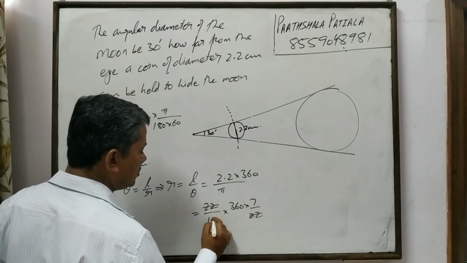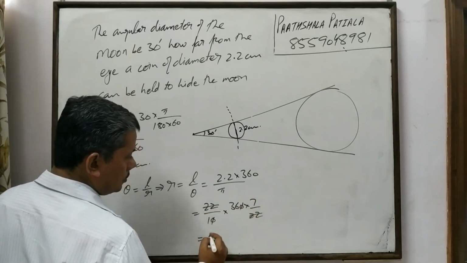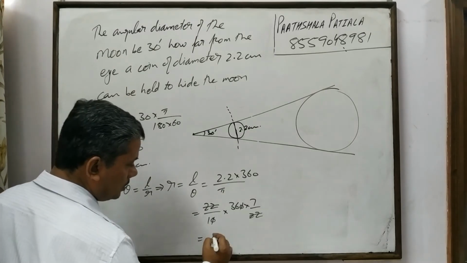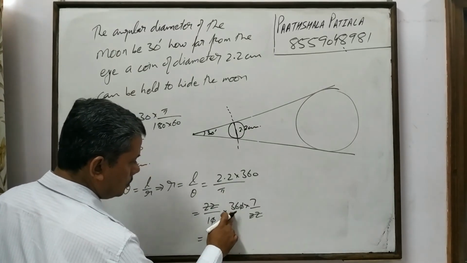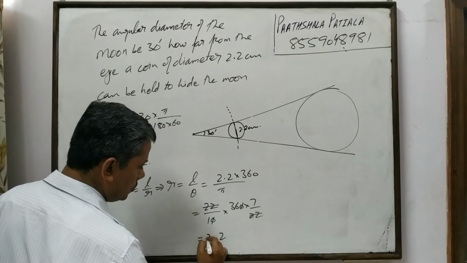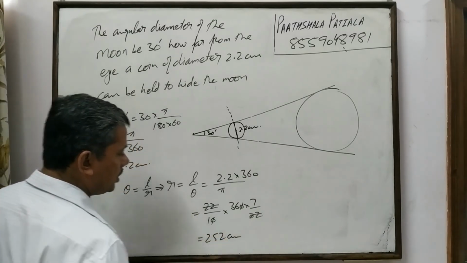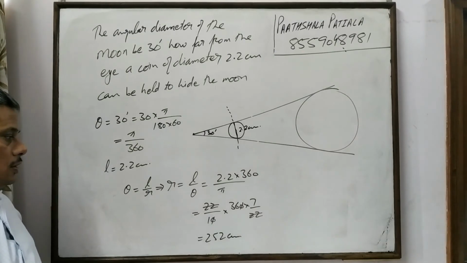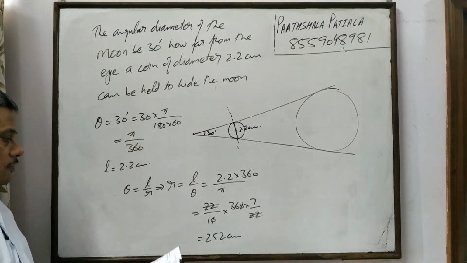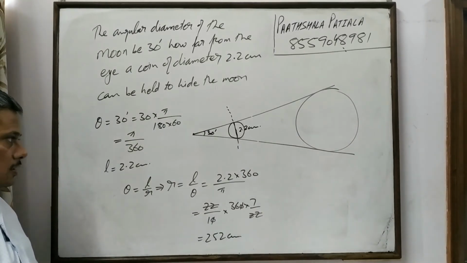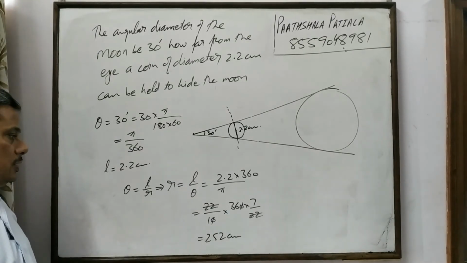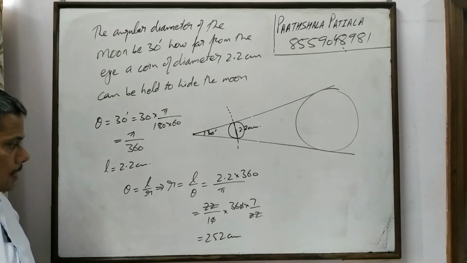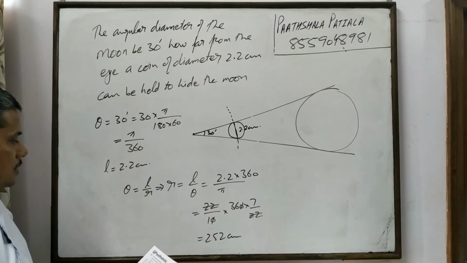This 22 cancels, 0 and 0 cancels. So on solving, you will get 252 centimeter. So it should be held at a distance of 252 centimeter to hide the moon completely. Is that okay?